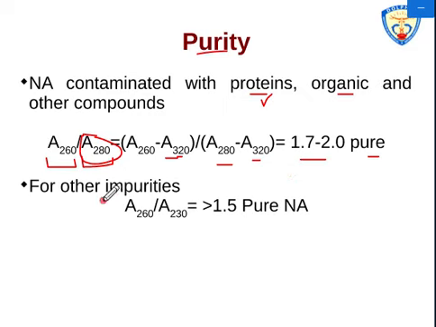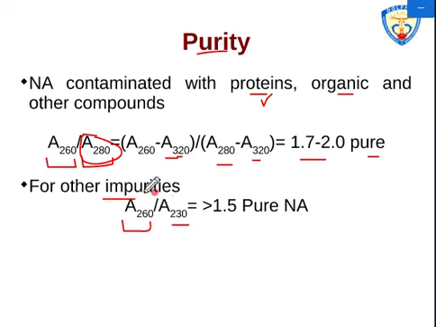Now as I said, there can be other impurities also. There can be organic reagents, there can be chaotropic salts present in the sample. To check for these impurities, again we use the property of absorption. We check the absorption at 260 nanometers minus the value for turbidity, and we check the absorption at 230 nanometers, at which the organic reagents and the chaotropic salts give us the absorption value.